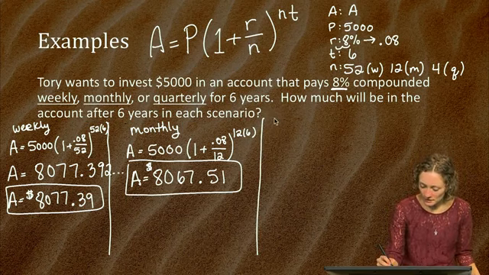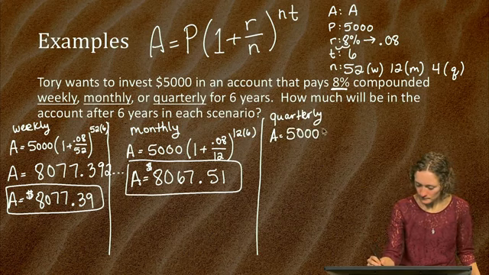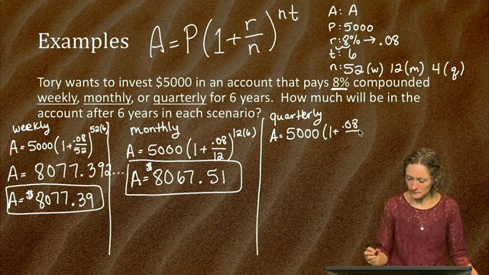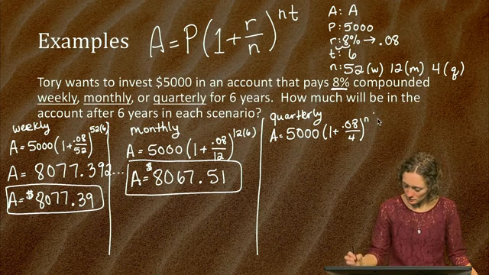And then in our quarterly scenario, this time our N is 4.